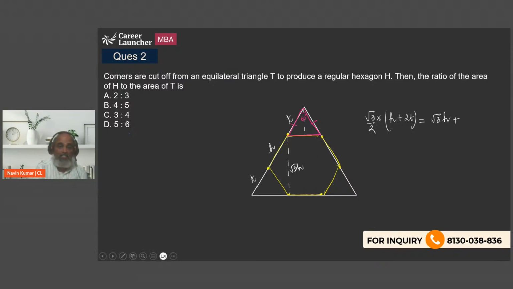So if the side is t, the height of this is going to be √3/2 times the side. So from here, √3 gets cancelled out. So we will have h plus 2t is equal to 2h plus t. If we rearrange, we will have h is equal to t.